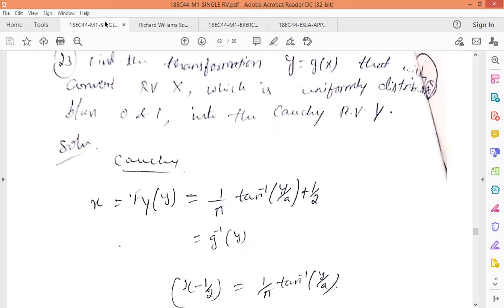But in the given problem, we are asked to get the transformation y is equal to g of x, which will convert the random variable x, which is uniformly distributed between 0 and 1, into the Cauchy random variable y.